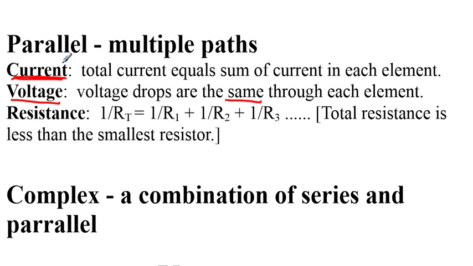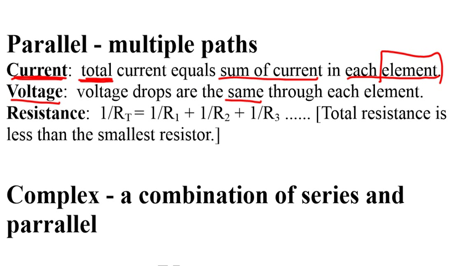The sum of the current in each of those elements or those branches will be equal to the total current. So for the current, you add the current in each branch or in each element, and that'll be the total current. The voltage is going to be the same.